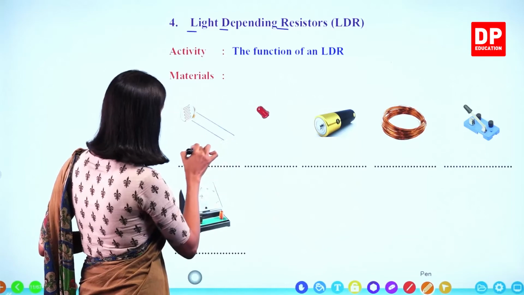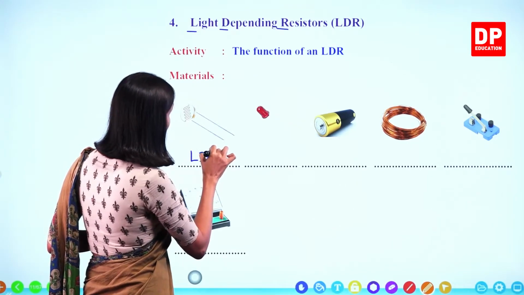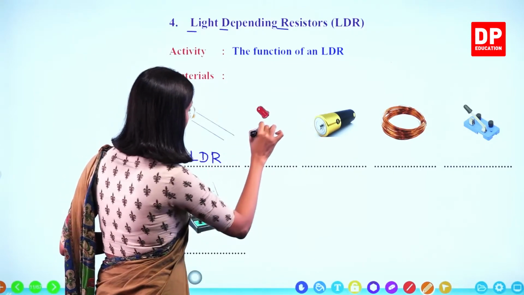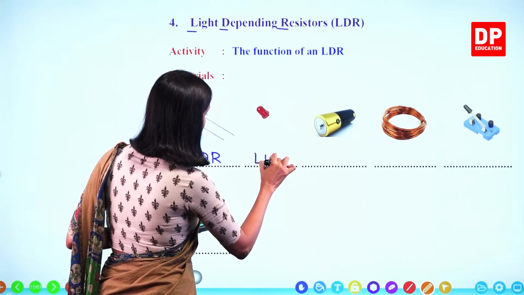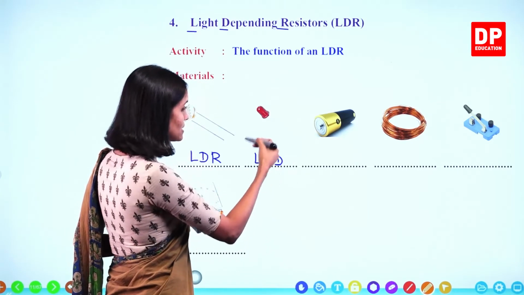I'll write in short form, LDR, light dependent resistor, LED. Now LED is a type of diode, light emitting diode.